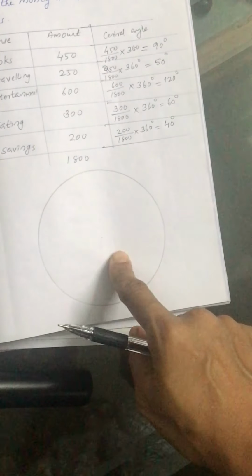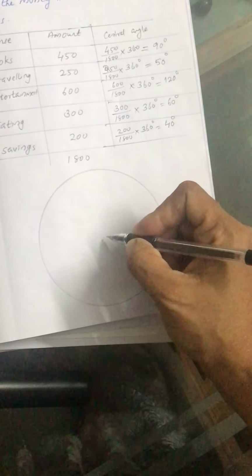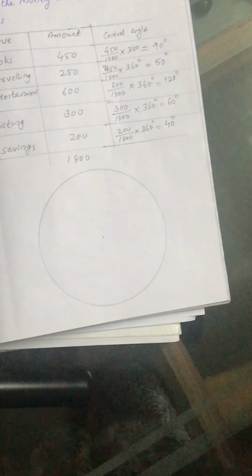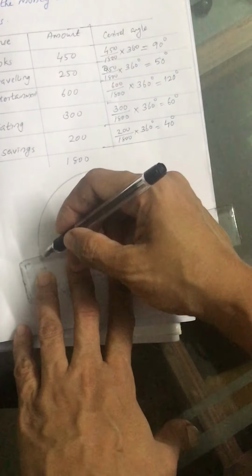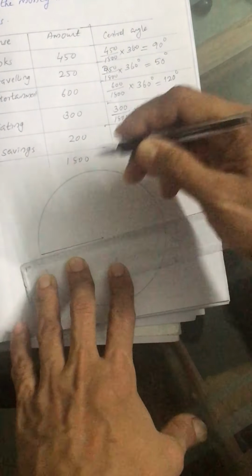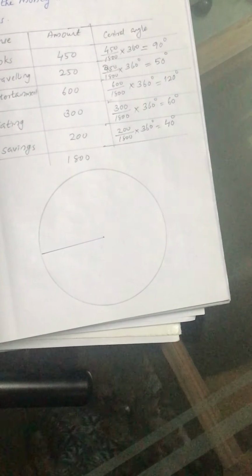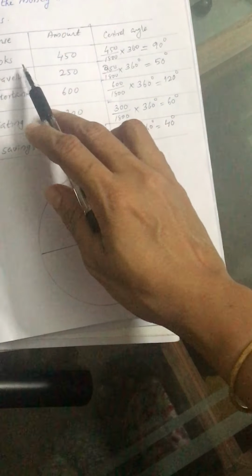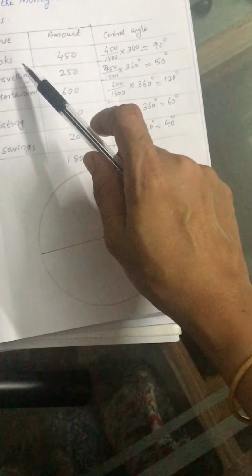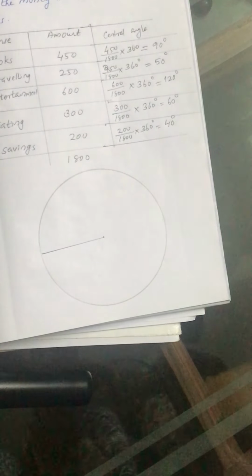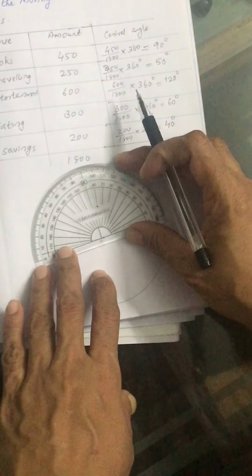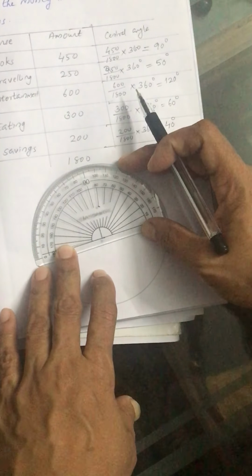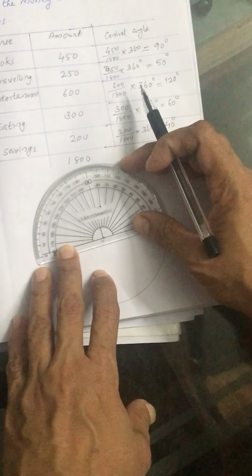First draw one circle and mark its center, and you can draw any convenient radius. I mark one radius here. Anywhere you can draw the first radius. After that you can first mark the sector for books. How much degree? 90 degree. So for that we place the protractor like this on the center of the circle.